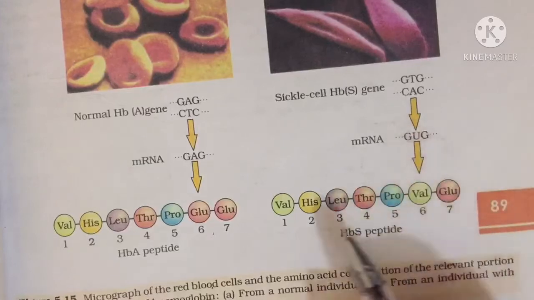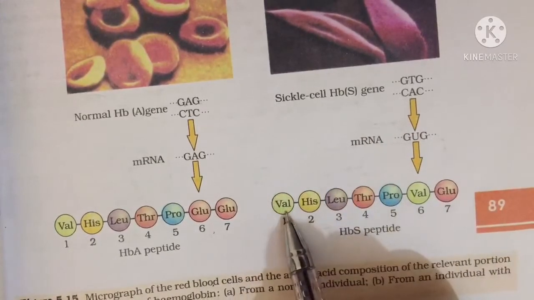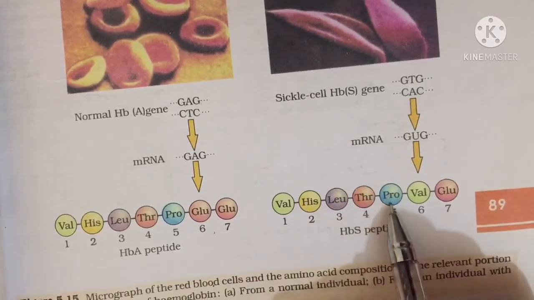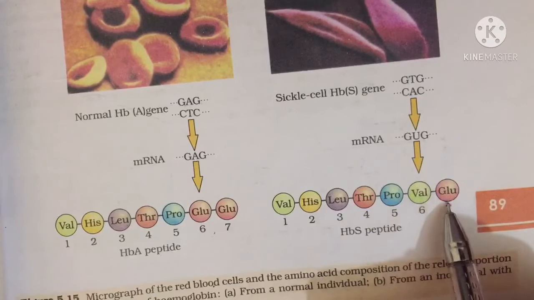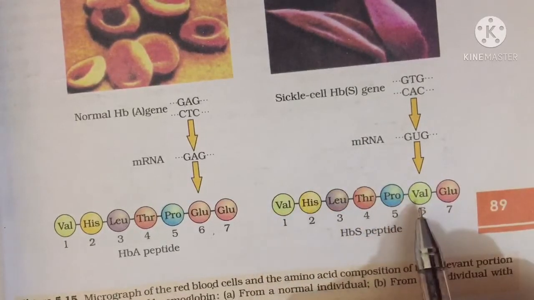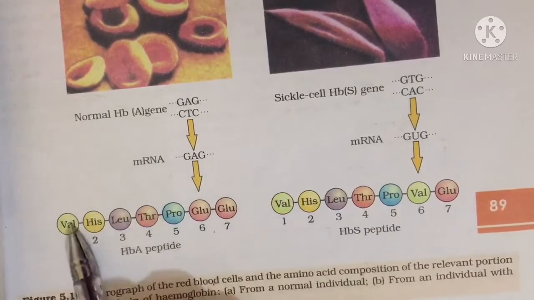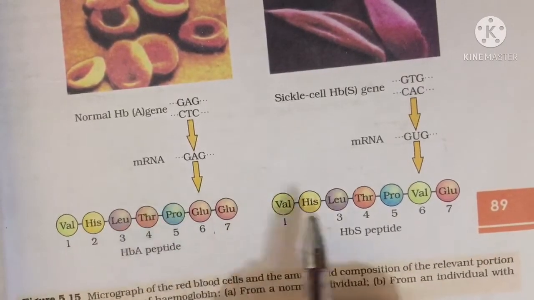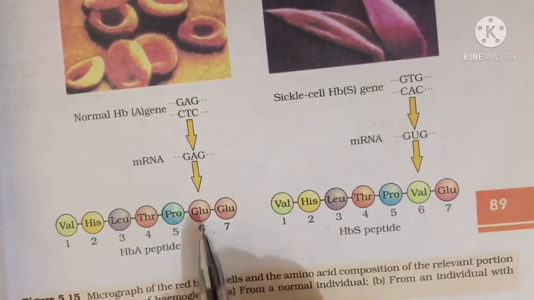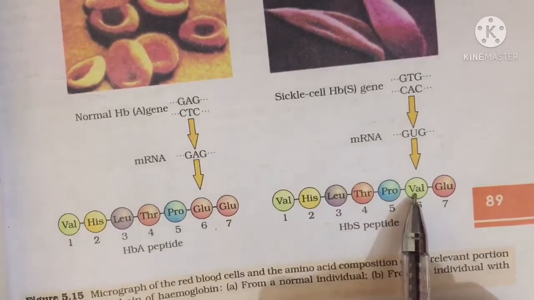Because of that, the amino acids produced here are: first valine, second histidine, third leucine, fourth threonine, fifth proline, sixth valine, seventh glutamic acid. Can you find a change in this sequence from the normal one? Definitely, at the 6th position, here it is glutamic acid, here it is valine.